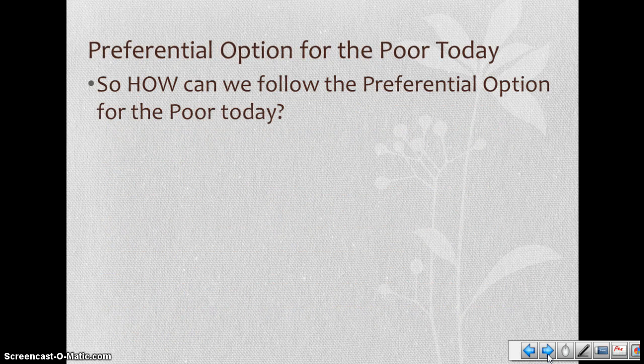And so, how can we follow the preferential option for the poor today? I'd like you to try and think of 2 ideas of how we can realistically do this. You're a freshman at St. Xavier High School. What are 2 ways that you can work to help those who are most in need?